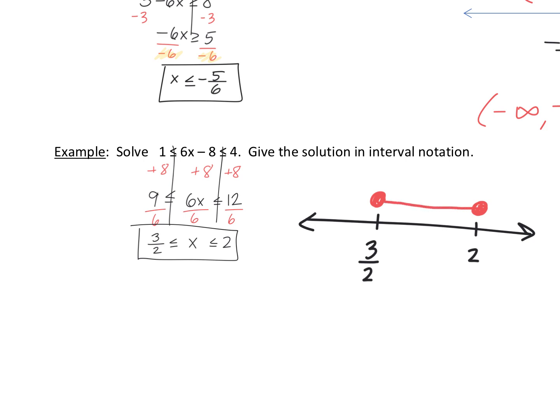It's connected. So our interval notation, it's closed circles at both. 3/2, comma 2. You should have brackets at both. There is no infinity because notice it's not going towards infinity either direction.